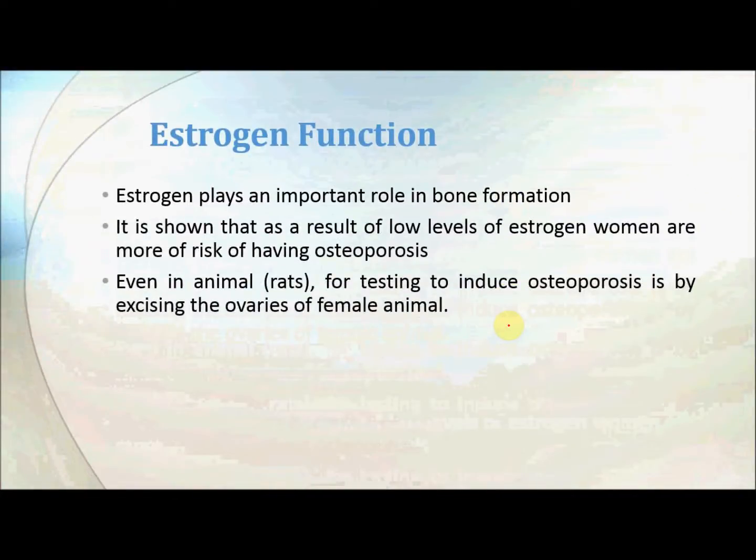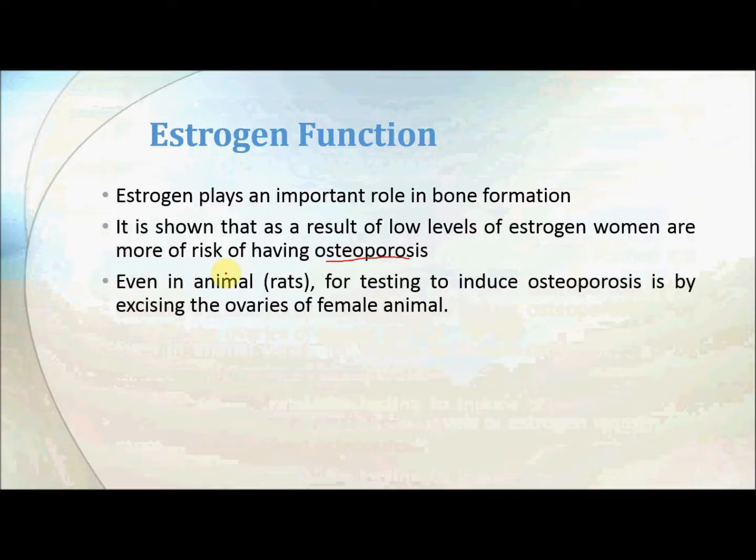Another function of estrogen is that it plays an important role in bone formation. As a result of low levels of estrogen, women are more at risk of acquiring osteoporosis. We're going to emphasize that on the adrenal gland.